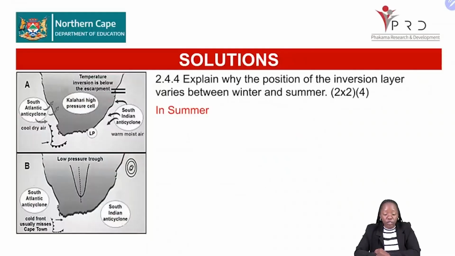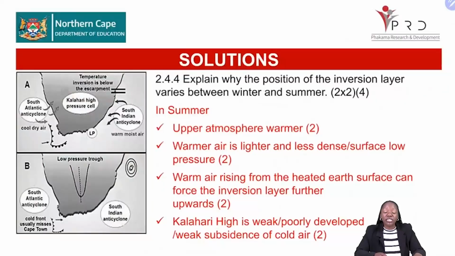In our next question, explain why the position of the inversion layer varies between winter and summer. Remember, we said if the question is asking about 2 pictures, please make sure that you indicate this is between the summer and this is in winter. So in summer, we are looking at the upper atmosphere, which is warm because of warmer temperature.